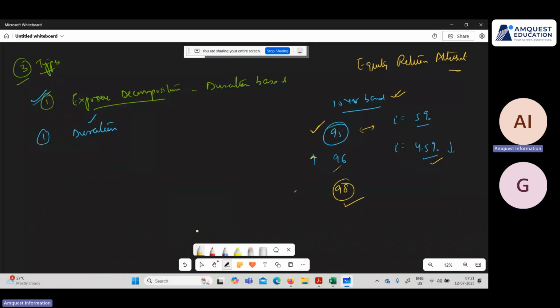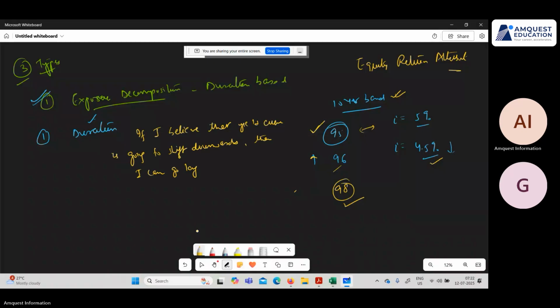Okay. So they say how can we earn more active return is that if I speculate, if I believe that the yield curve is going to shift downwards, then I can go long on, or maybe I can buy simply, long duration bonds.